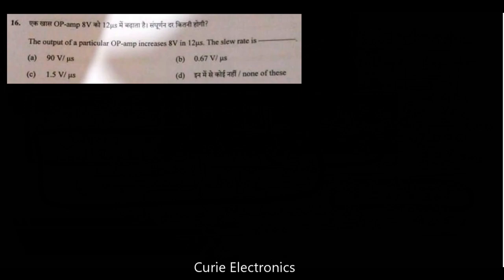Question number 16. The output of a particular op-amp increases 8 volt in 12 microseconds. This is the slew rate. Slew rate is the change of output of an op-amp with respect to time, given as volt per microsecond.